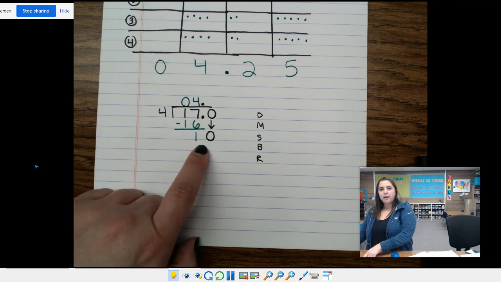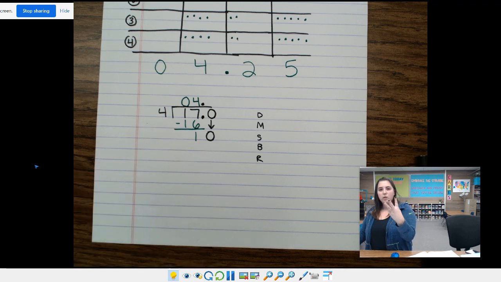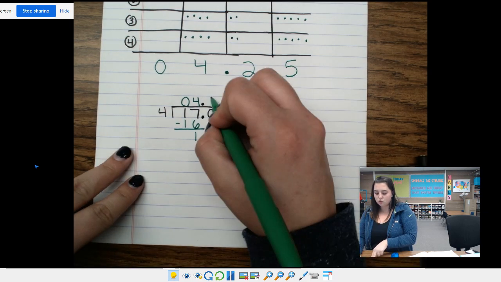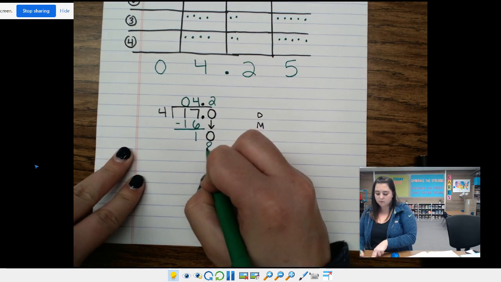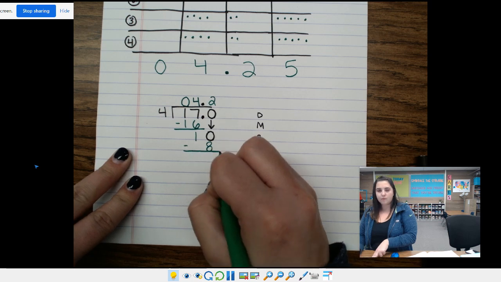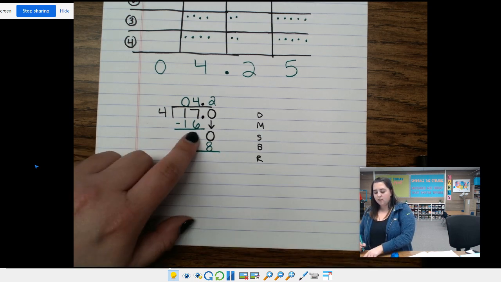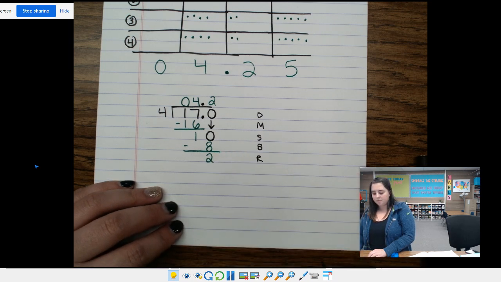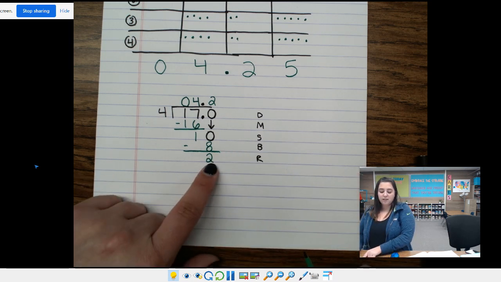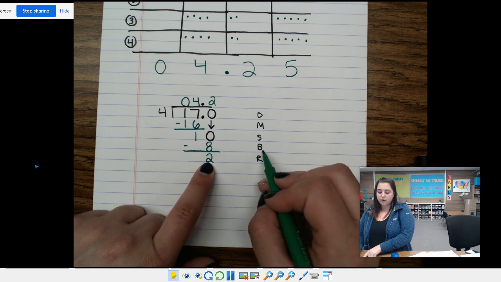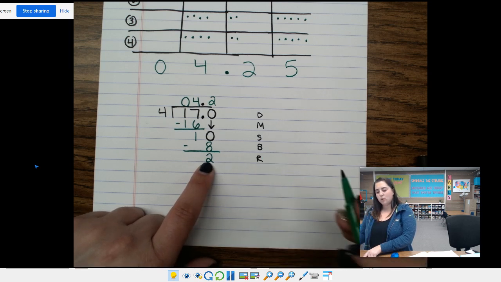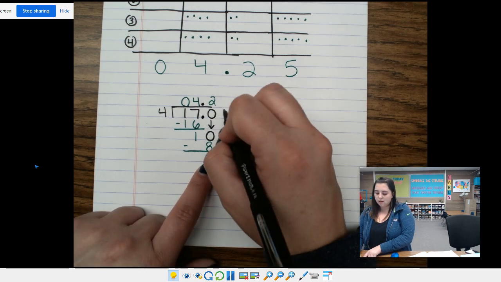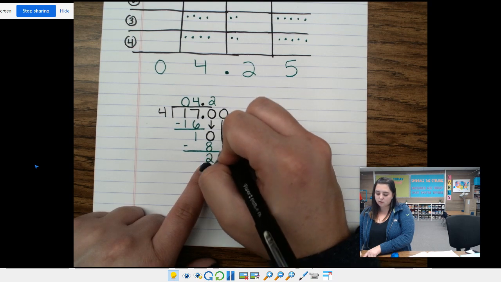4 goes into 10. 4, 8, 12. Oh, too much. 4, 8. 2 times. 10 minus 8 is 2. I can't have a remainder, so I need to keep going. So I'm going to bring down. What am I going to bring down? Another 0.